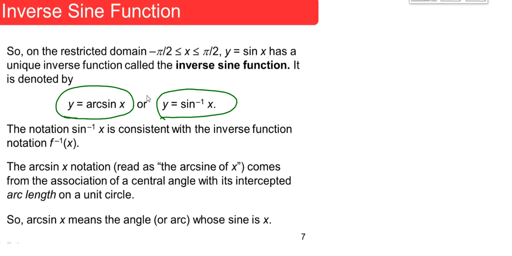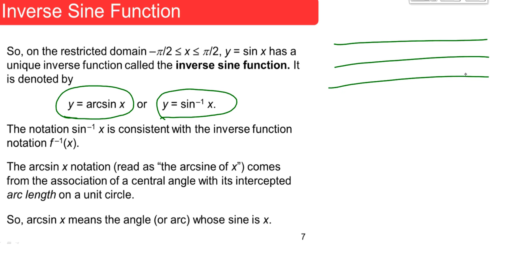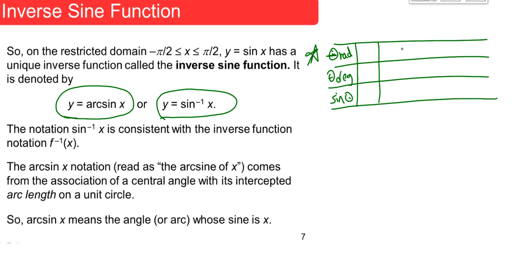Let's think about our table of values that we can generate all the time. Maybe we haven't done that for a while. I'm going to have the sine of theta, theta in degrees, and theta in radians. By the way, when we talk about inverse trig functions, we're always going to use radians, but we'll use degrees to make our table as we go.